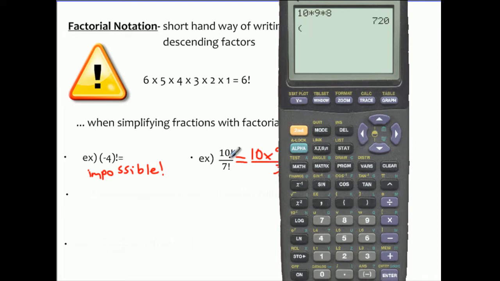If you were to do 10 factorial divided by 7 factorial instead, let's see what that gives us. There's 10 factorial divided by 7 factorial. It gives us the same answer. You might find it a bit quicker in some cases to expand the fraction first and then go from there.